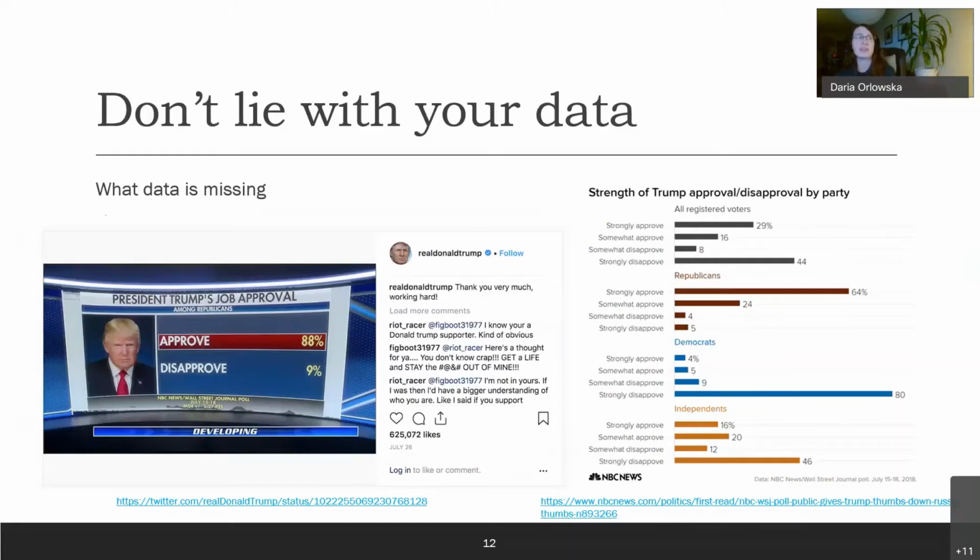What's the other thing that maybe sticks out to you that we're missing from this visualization? Doesn't add up to 100%. I didn't add up the numbers, but I trust your math.